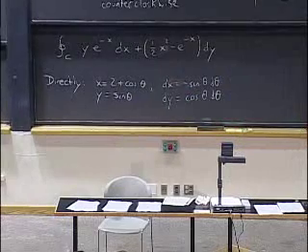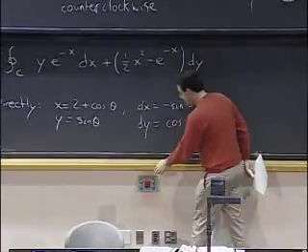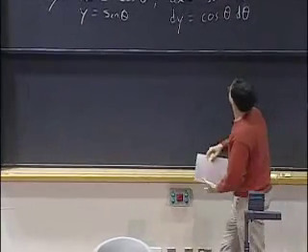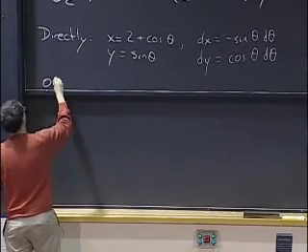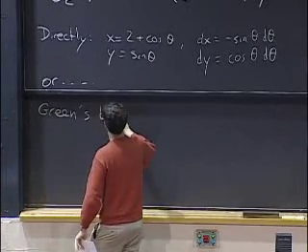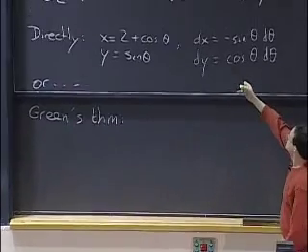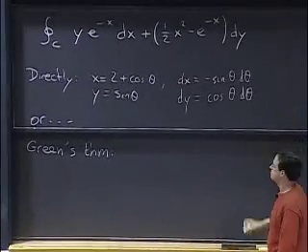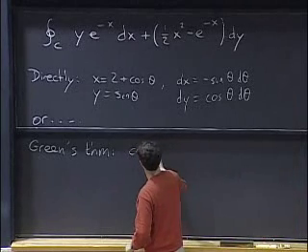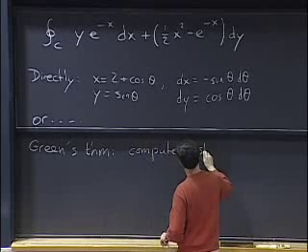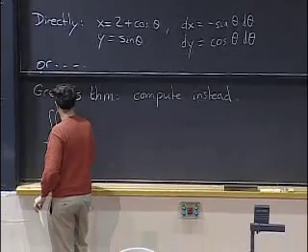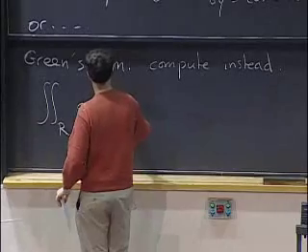So instead of doing that, which looks pretty much doomed, I'm going to use Green's theorem. So using Green's theorem, the way I will do it is I will instead compute a double integral over the region inside of curl f dA.